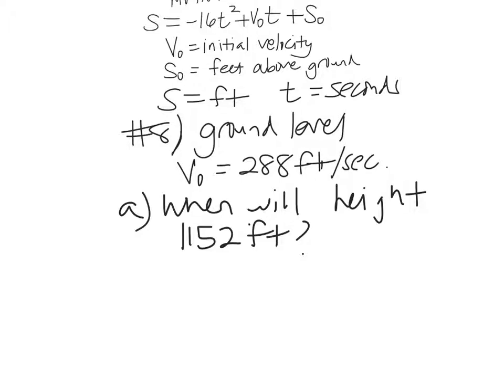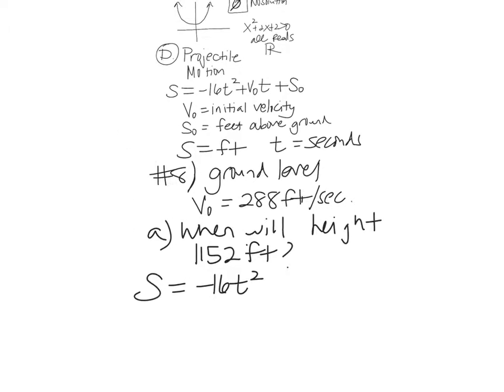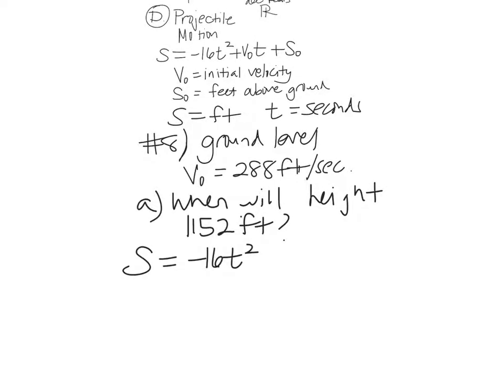So what we're going to do, we first need to get an equation for this. All right, we need to see the path of it in an equation form. And we get that S is equal to negative 16t squared. We're going to put the initial velocity in, which is 288 times t. We're on ground level, so what is S sub 0? 0, perfect.